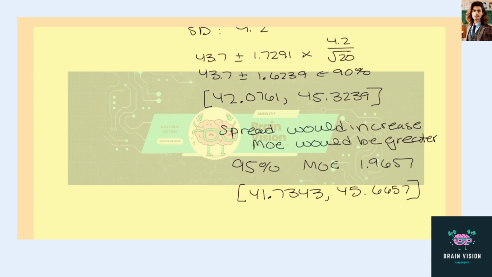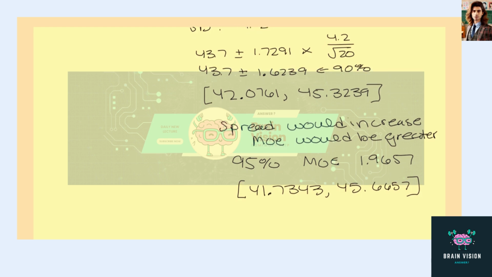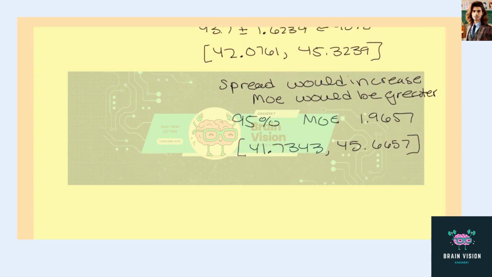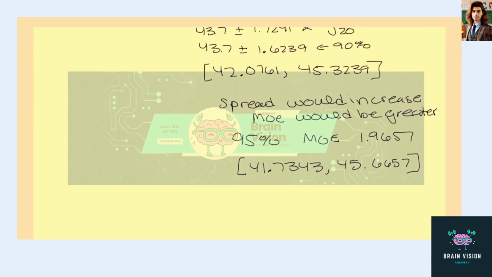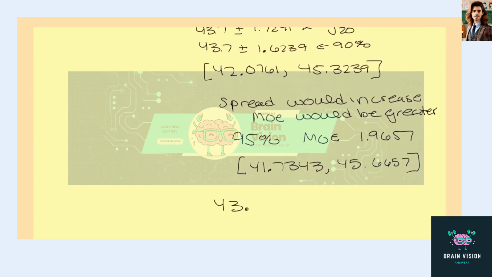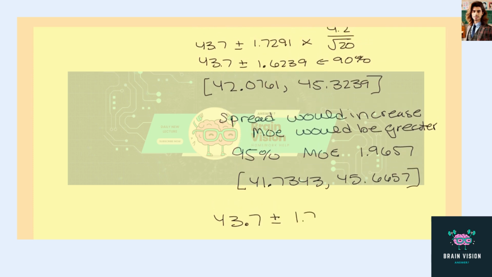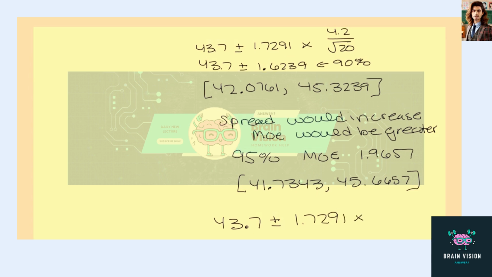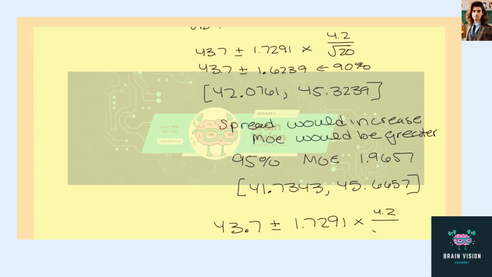45.6657. And so suppose the researcher was able to increase the sample size from 20 to 40. What effect would this have on a 90% confidence interval? So you have 43.7 plus or minus 1.7291 times your 4.2 divided by your square root of 40.